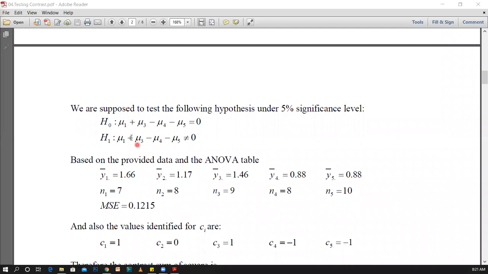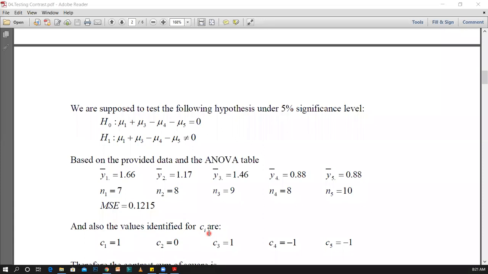Now we have to identify the appropriate Ci values. Based on the null hypothesis, we can easily identify these Ci values. Mu 1 appears, mu 2 does not appear, mu 3 appears, mu 4 appears, and mu 5 appears. The coefficient in front of the given population mean can be identified as the value of Ci.